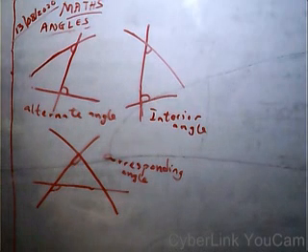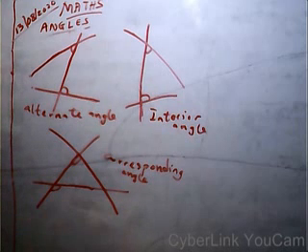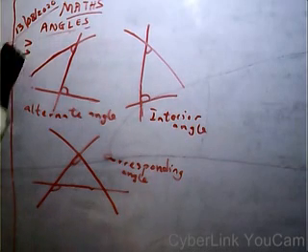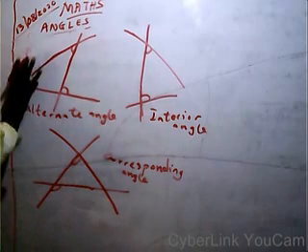So these three angles, we've talked about how they are formed with parallel lines, and this one, they are formed with non-parallel lines. To indicate a parallel line, we use this arrow. If you see any line with this arrow, it means they are parallel.